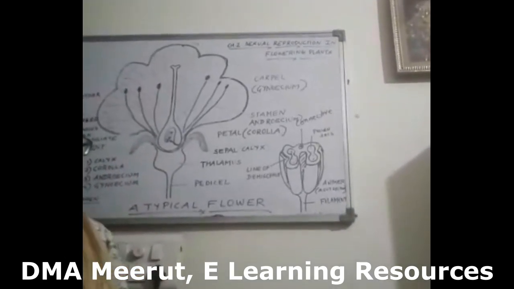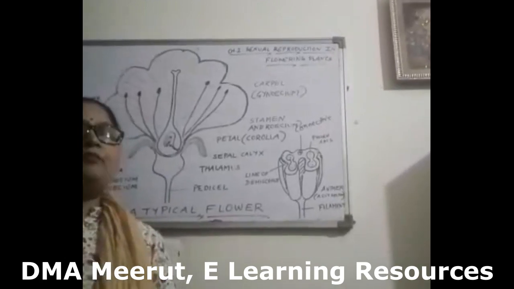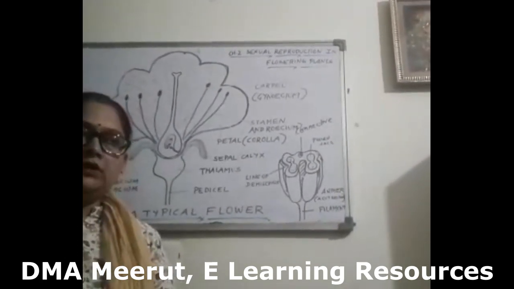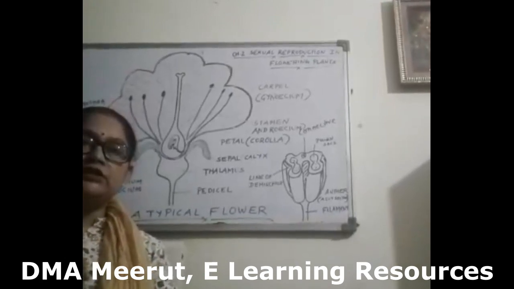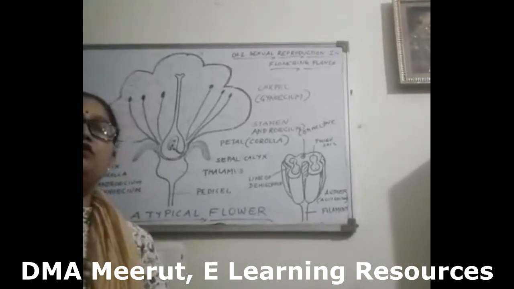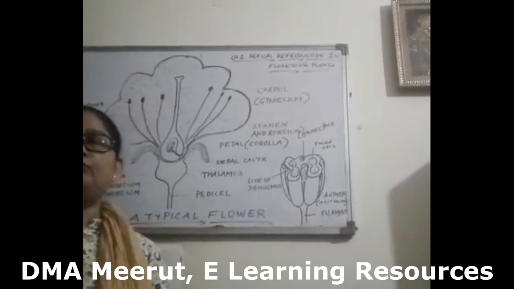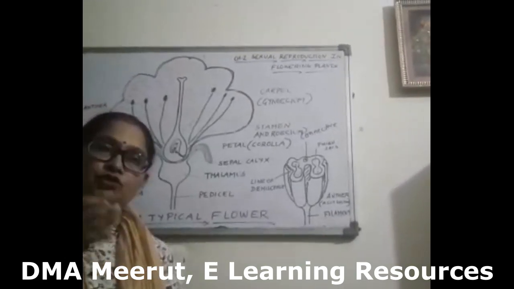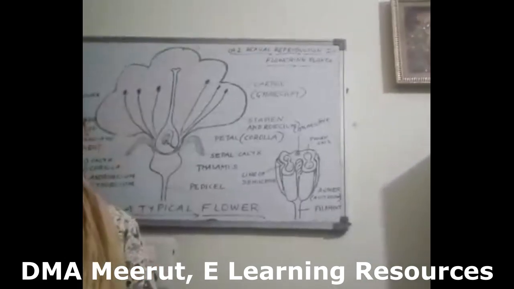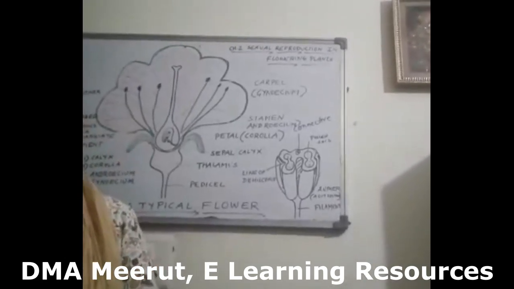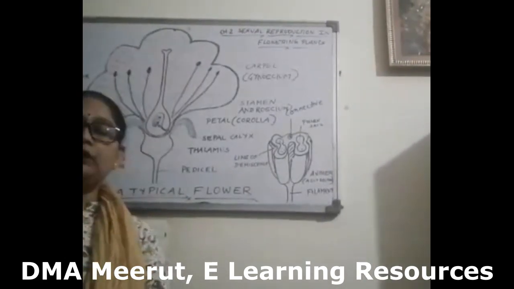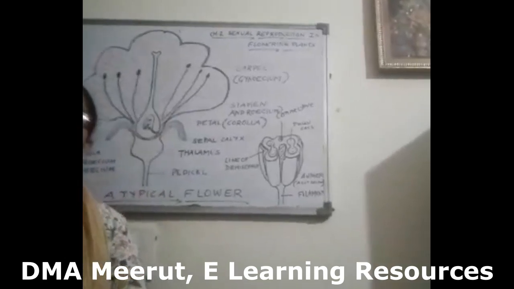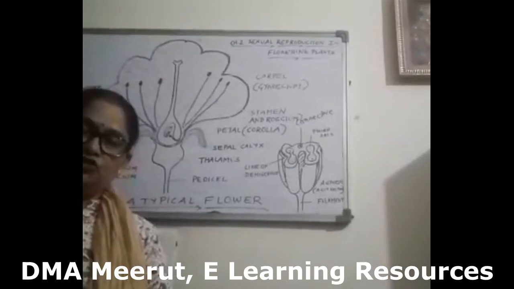Now some shoot apices undergo structural and physiological changes under the influence of hormones, say a hypothetical hormone florigen, which converts shoot apices into floral appendages, or you can say into a floral body, or you can say inflorescence, where the flowers are attached.